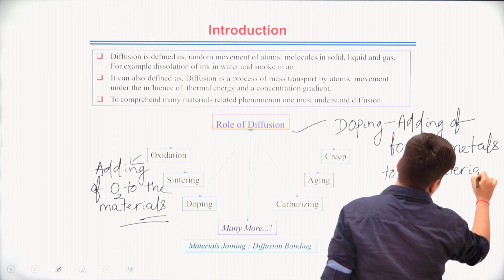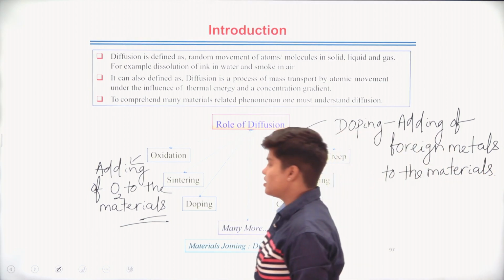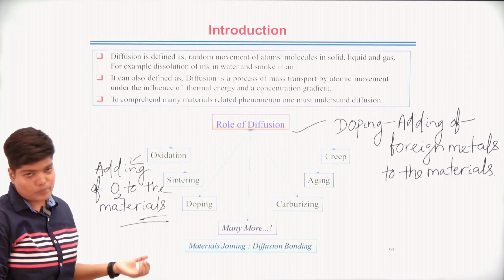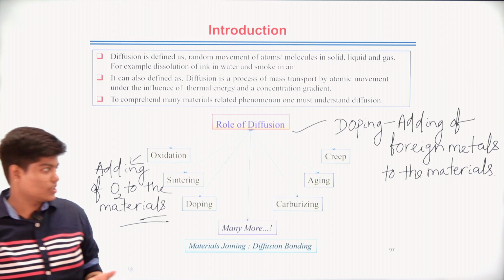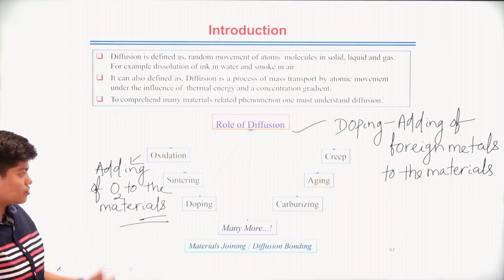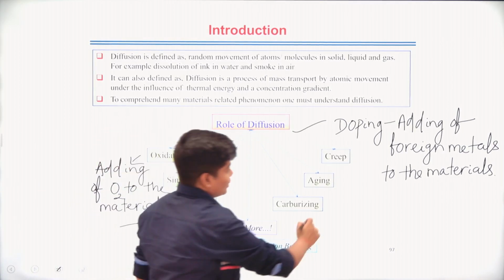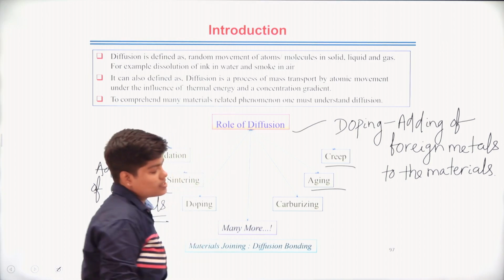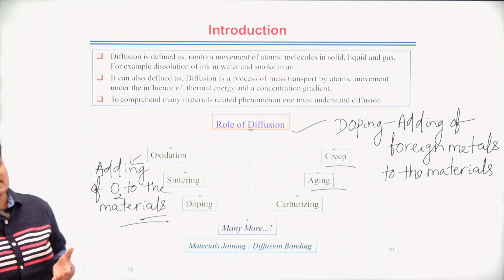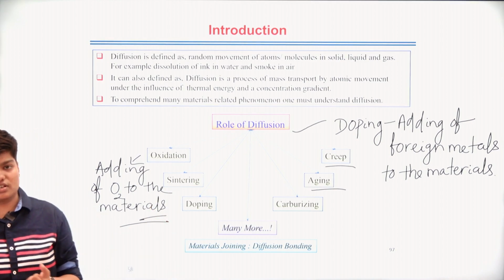You must have heard the word doping from the semiconductor topic, like intrinsic and extrinsic semiconductors. So, doping is nothing but adding foreign metals to the material, so that diffusion occurs. Now, creep and aging, this is the deformation of metals, so that diffusion will occur.